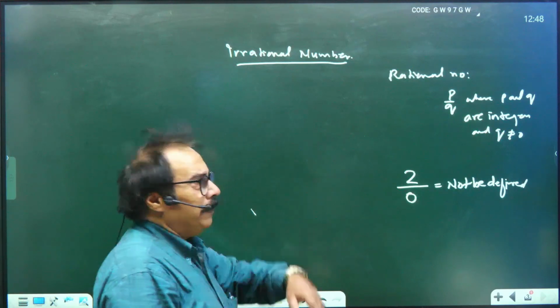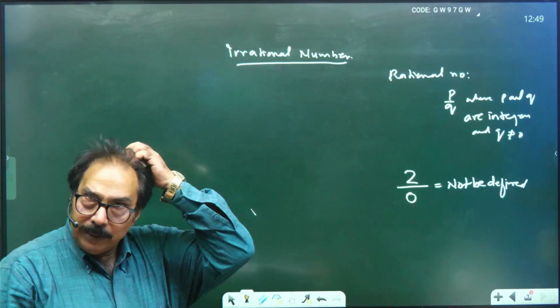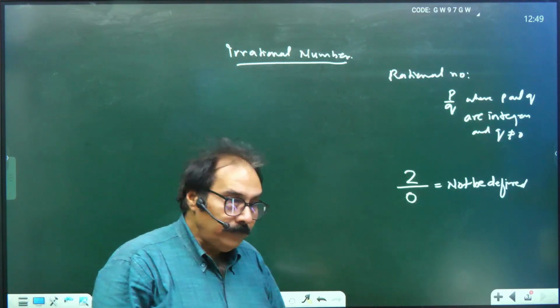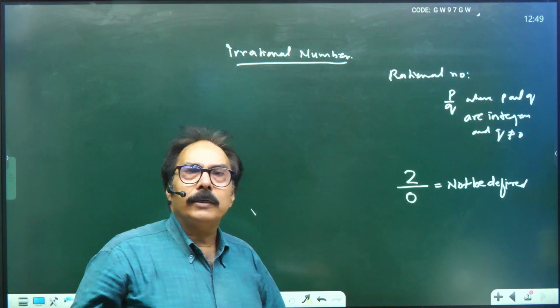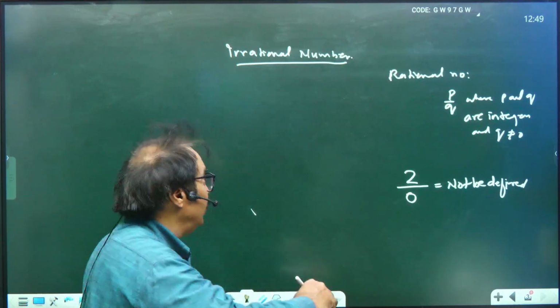An irrational number means a number which is neither repeating nor terminating, right?